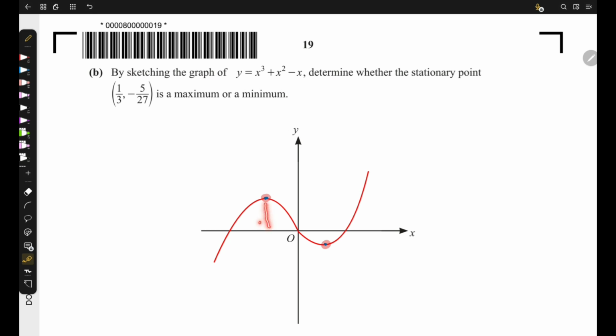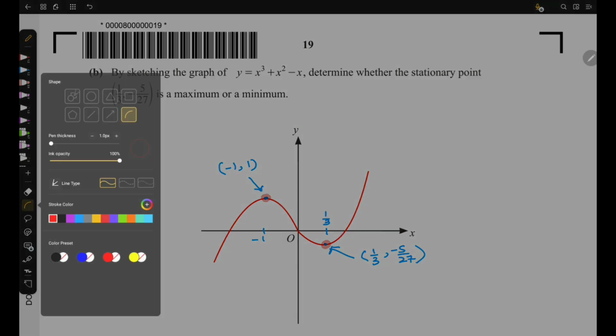This has a negative x coordinate and this has a positive x coordinate. It means this is minus 1 and this is 1 over 3. What does that mean? That this stationary point has coordinates minus 1, 1, and this stationary point has coordinates 1 over 3, minus 5 over 27.